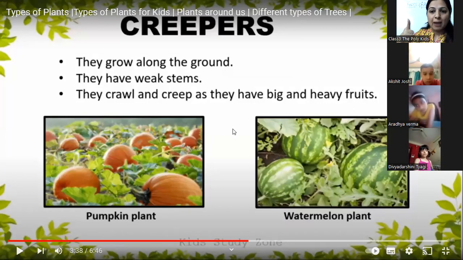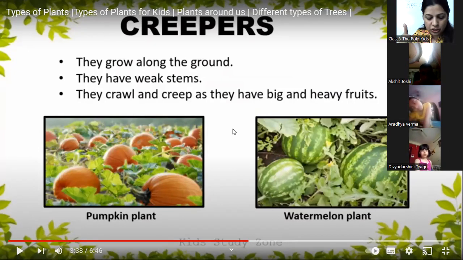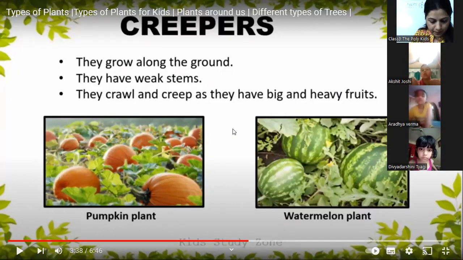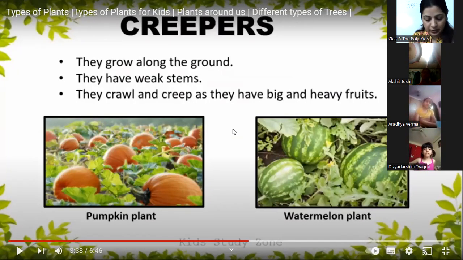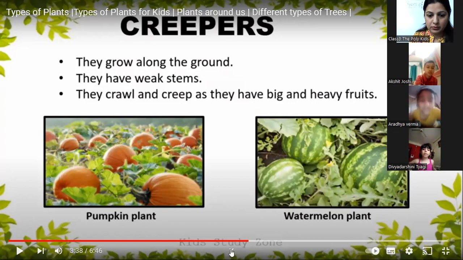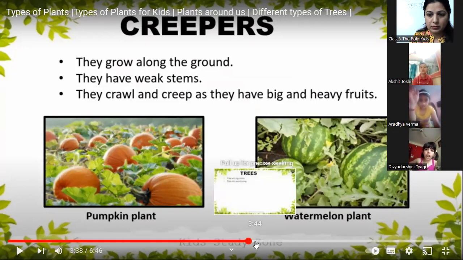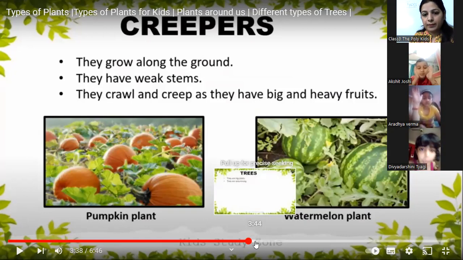If we talk about examples of herbs, give me 2 examples of herbs. Divya, Darshini, fast. I can't hear you. Unmute. Ma'am, herbs are like garlic, spinach, and grass.